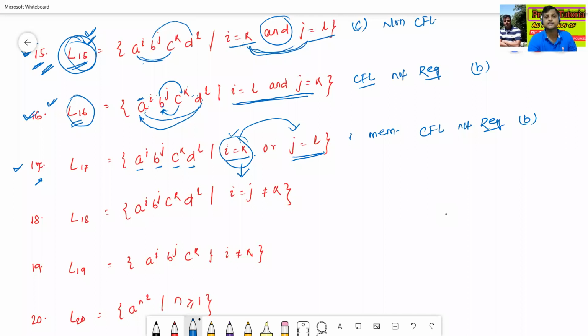But here all symbols are not in sequence order, so we would require two memories for this language, but here we can solve it using the L16 language. For L16 we can solve using only one memory. Since only one memory will be required, this language is context free but not regular.